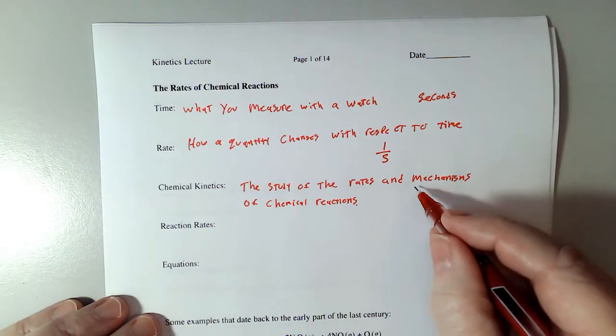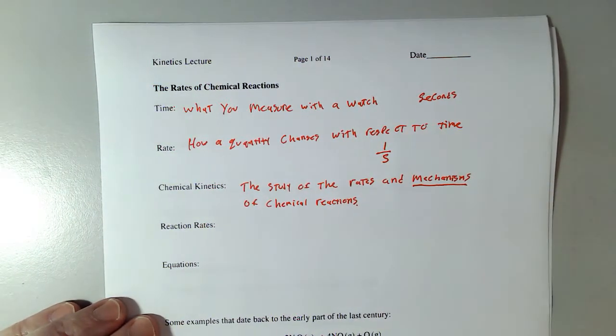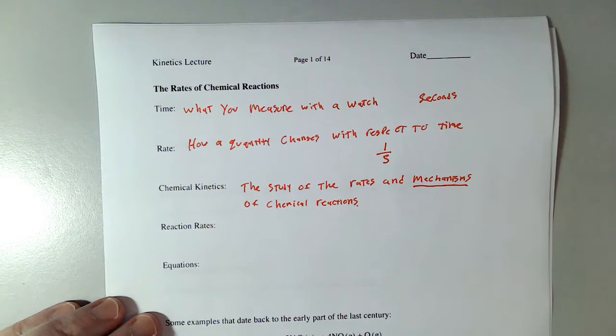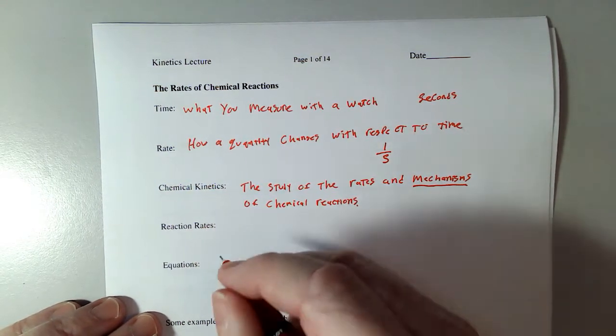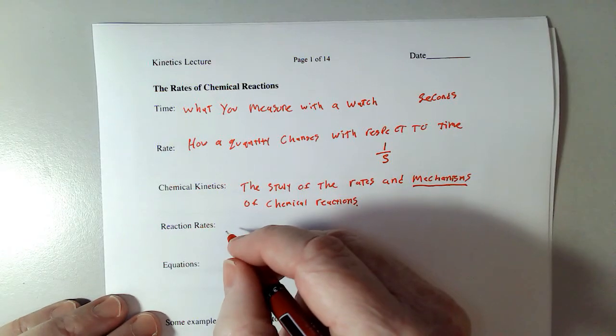And I'm going to put a heavy emphasis on mechanisms. And my reasoning is that a lot of people don't. And this is one of those places where if you can get one of these points on the AP exam that somebody else can't, that helps to push you up towards your 5. Okay, and reaction rates.